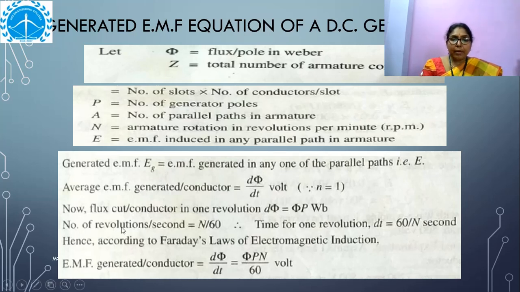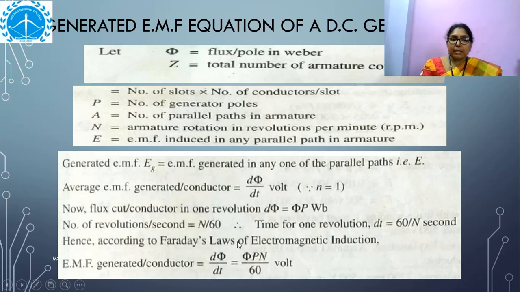Now coming to the number of revolutions per second. Here we consider n as revolutions per minute, but here it is per second, so n divided by 60. But what is dt? dt is the time for one revolution. So dt is the opposite of this, that is 60 by n seconds.